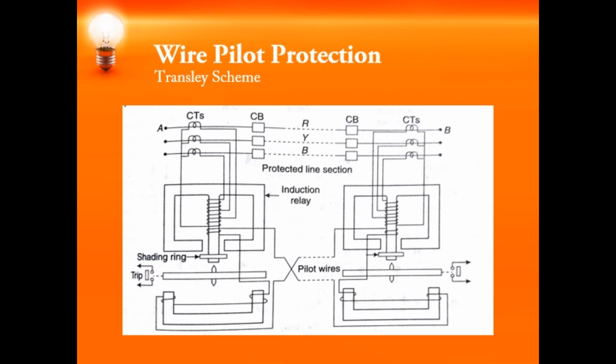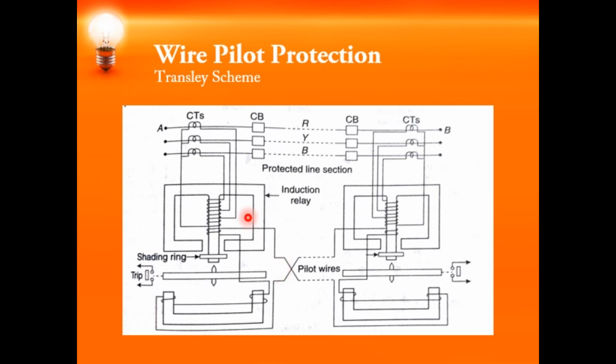If you observe this, you can see that there are two induction disc type relays at both ends of the transmission line. This is electromechanical construction, and if you observe clearly, the secondary windings of the relays are interconnected in opposition, as in a balanced voltage system.